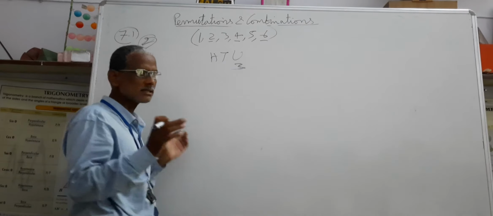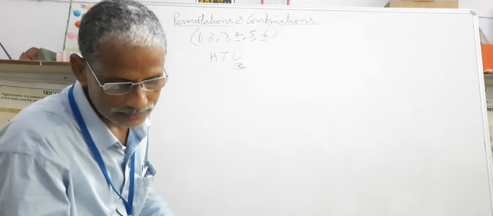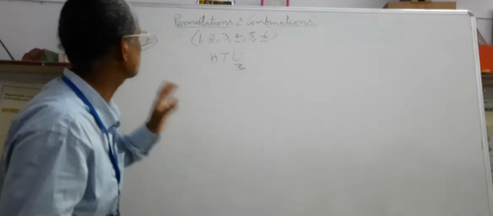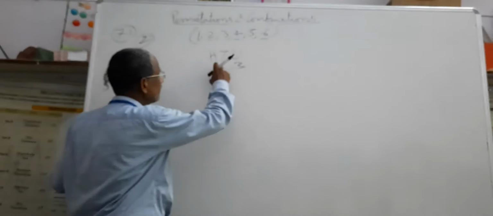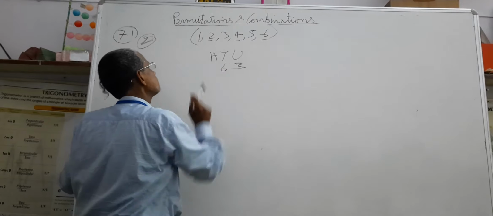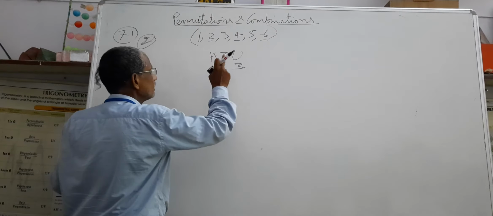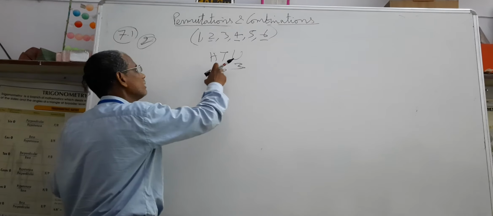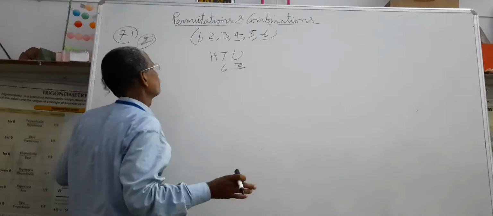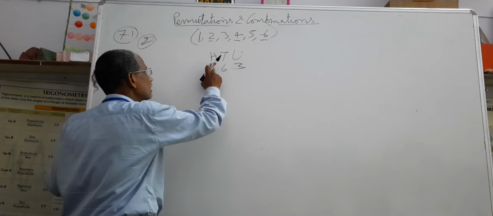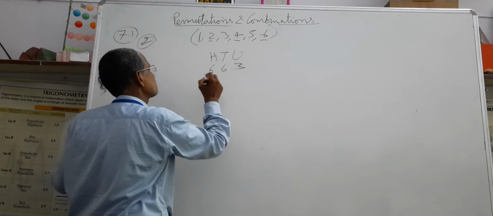But repetition is allowed, digits can be repeated. Therefore, 10 place again can be filled in 6 ways. The digit placed at the unit place also can be used at this place because repetition is allowed. This place also can be filled in 6 ways.